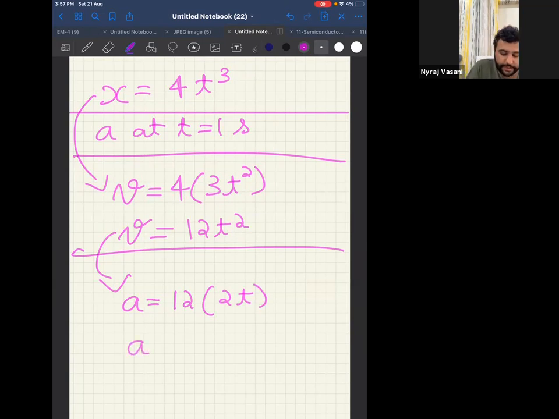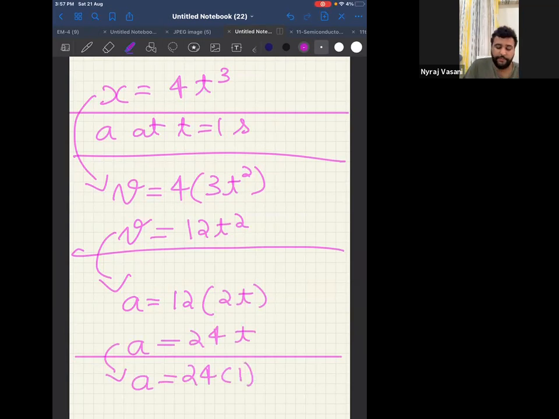Therefore, acceleration is 12 into 2, which is 24. Now I need acceleration at t equal to 1 second. Therefore, my answer for acceleration is 24 meter per second square. The answer is not 12, the answer is 24.